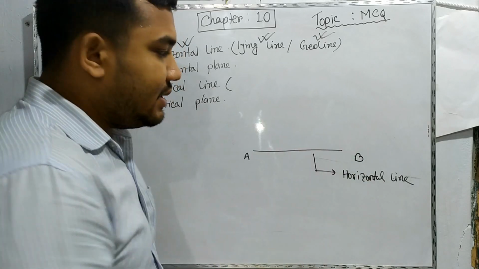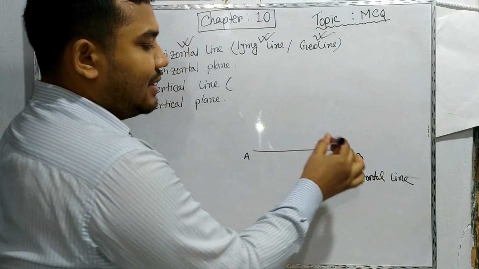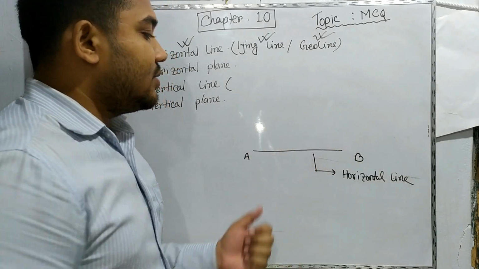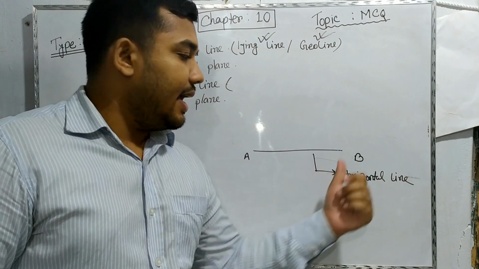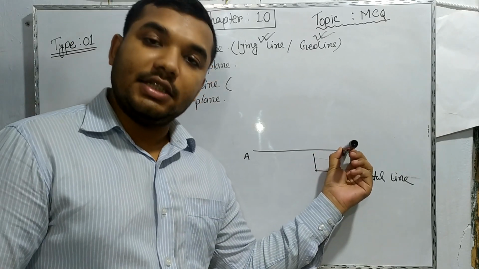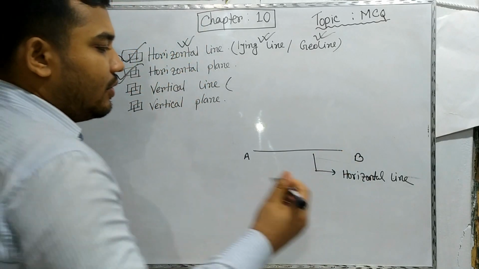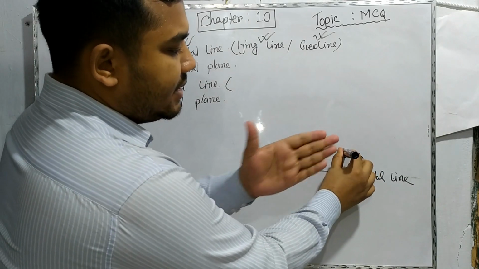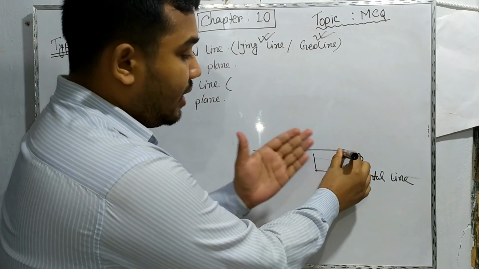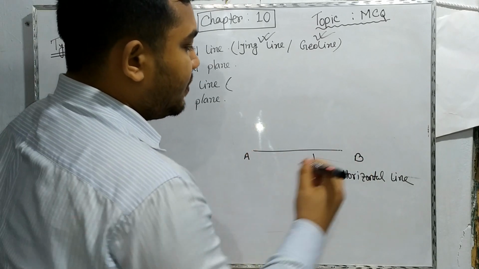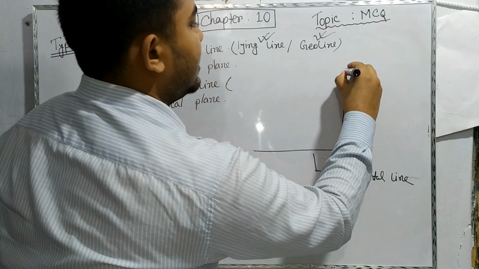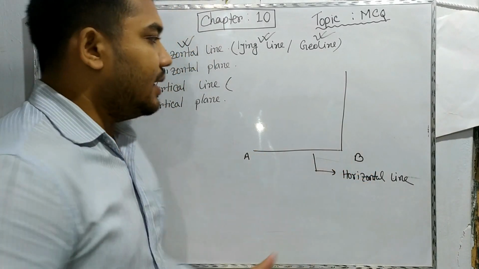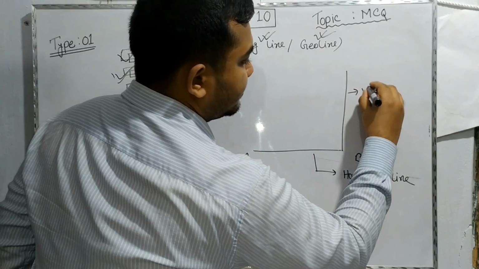My example was, suppose this is the ground and this is the tree. The position of the ground and the tree is called horizontal line and vertical line respectively. However, we can't generally draw these types of lines on this board. That's why we can say that the line which is perpendicular to AB is called the vertical line.